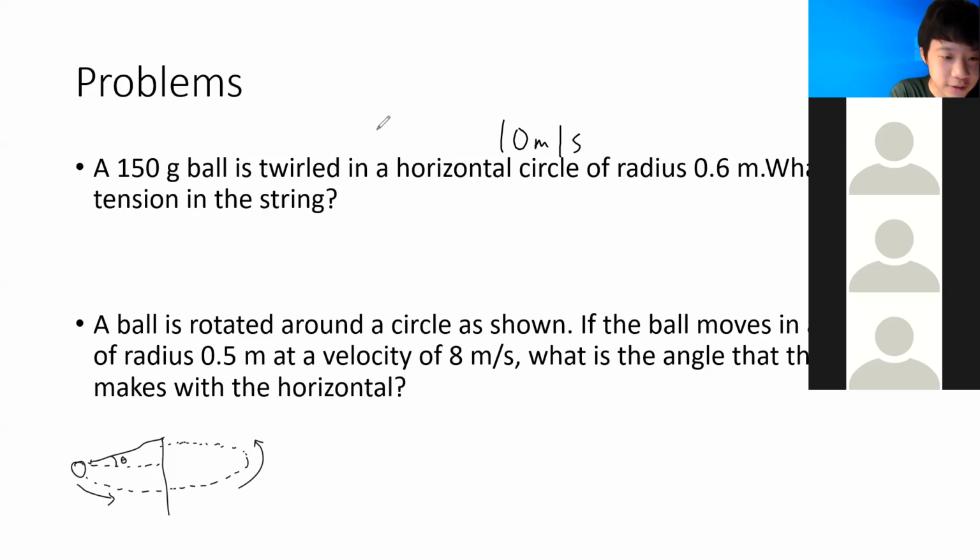For the second one, just to clarify, the radius is the horizontal component, right there. Because if you were to look at the circle, then that would be the radius of the circle.